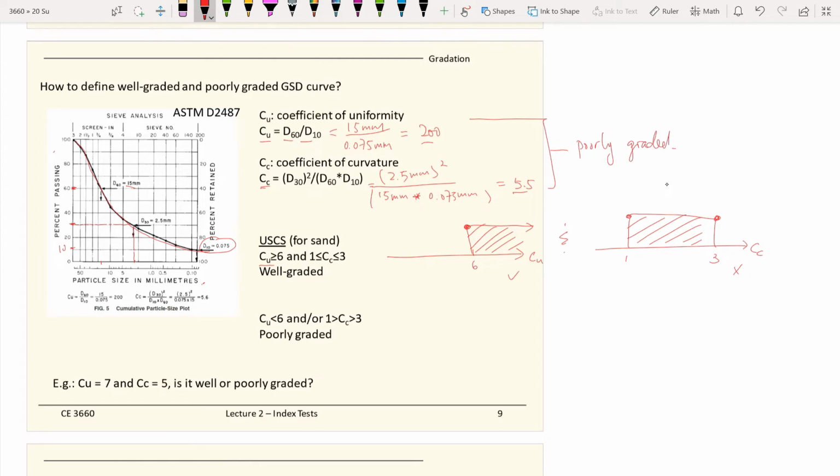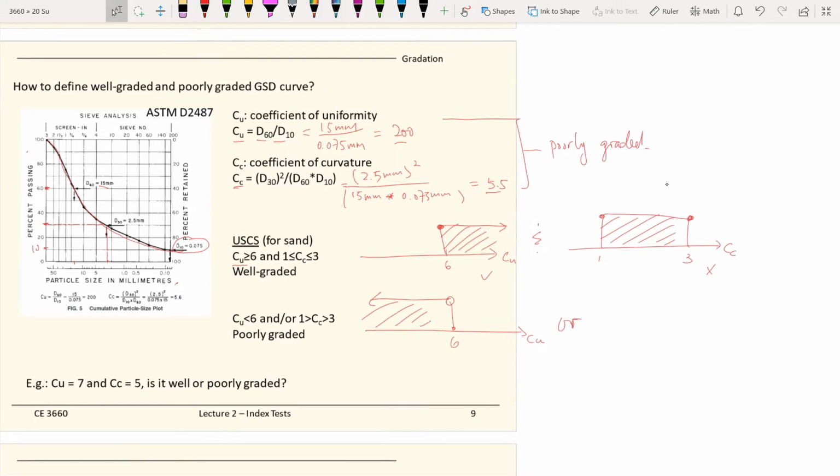To finish this slide, let's look at the case for poorly graded. If we draw our inequality, first of all, C sub U needs to be less than 6. And this time, this is an OR case, not an AND case.